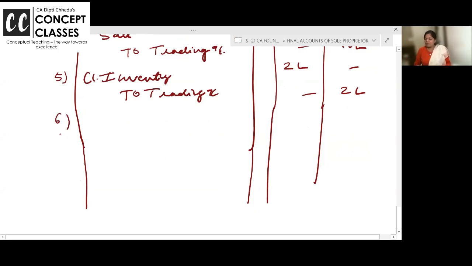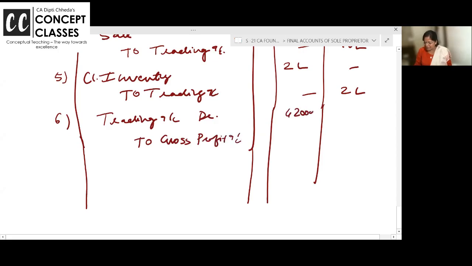Chalo. Now last entry for GP. So what is your gross profit coming to? 4,20,000. So that gross profit, trading account debit to open an account called gross profit account. 420.